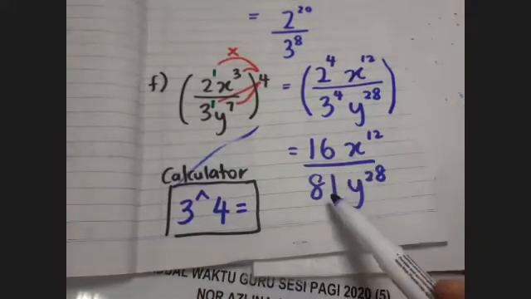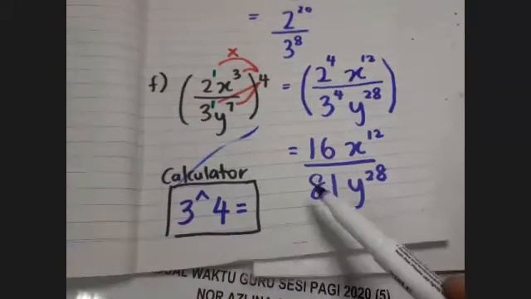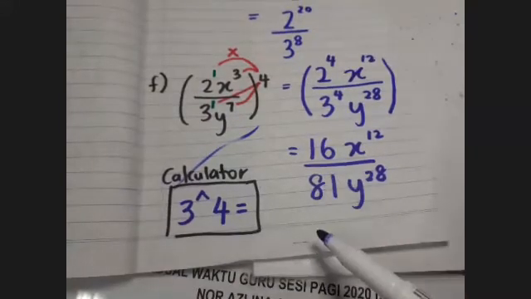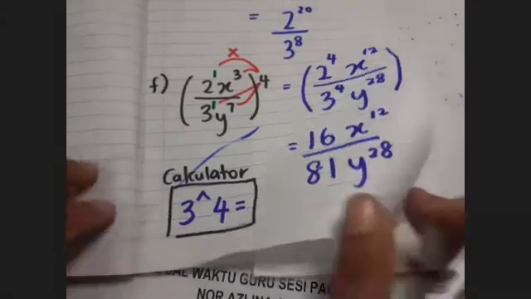So 16 and 81. Can we simplify? Cannot. We cannot simplify. We cannot divide. So leave your answer like this. Okay. Next.